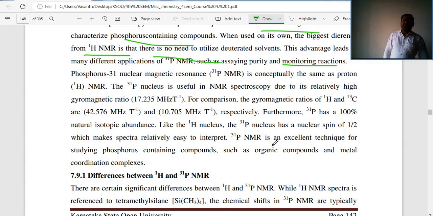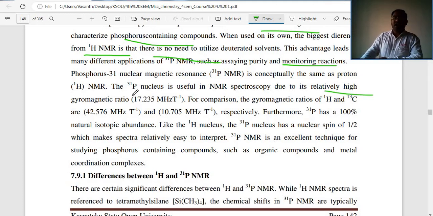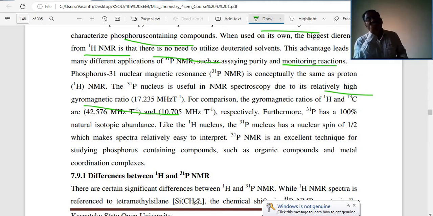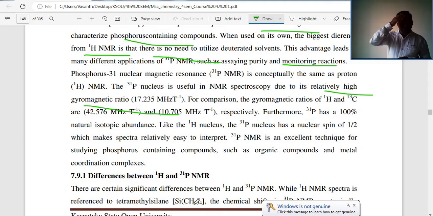Phosphorus-31 nuclear magnetic resonance is conceptually the same as proton NMR. The phosphorus nucleus is useful in NMR spectroscopy due to its relatively high gyromagnetic ratio. For comparison, the gyromagnetic ratios of proton and carbon are given. Furthermore, phosphorus has 100% natural abundance.